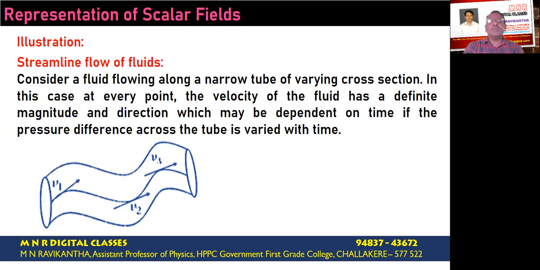So in order to understand the magnitude and direction of the velocity of the fluid at each point, we can use the concept of streamlines, that is, flux field lines. Observe here, at each point, the magnitude and direction of the velocity of the fluid is represented by the tangent.